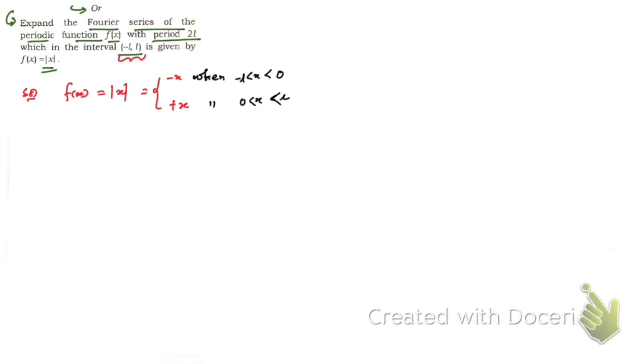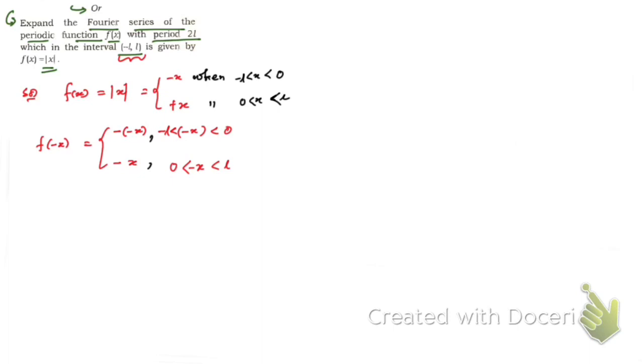And if you find f of minus x, then it can be written as minus of minus x when minus x is greater than minus l, right, and less than 0, and minus of plus x when x is greater than 0 and less than l, right?